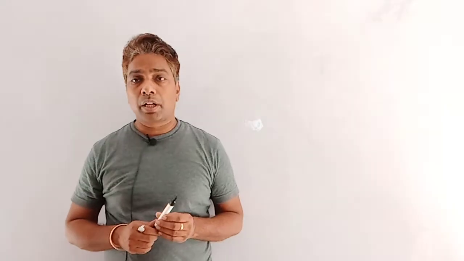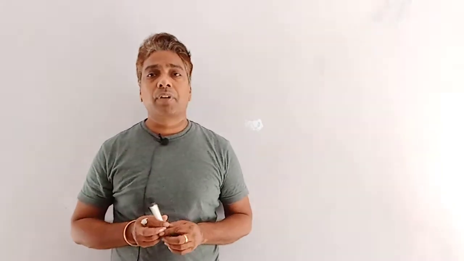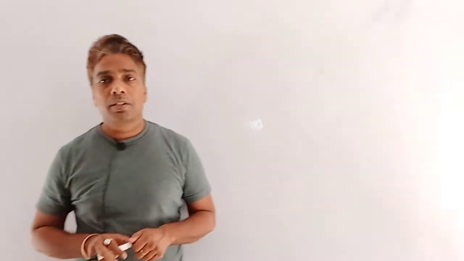Now the concept of bonding: to complete its octet, atoms form 3 different types of bond. One is ionic or electrovalent bond, second one is covalent bond, third is coordinate bond. Simply, the bond formed by the transfer of electron is called ionic or electrovalent bond.